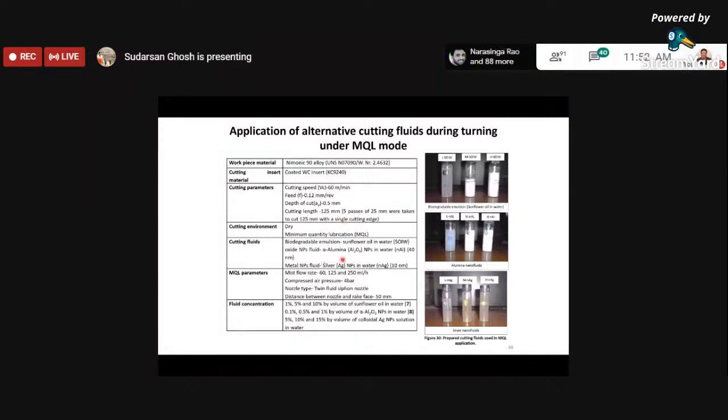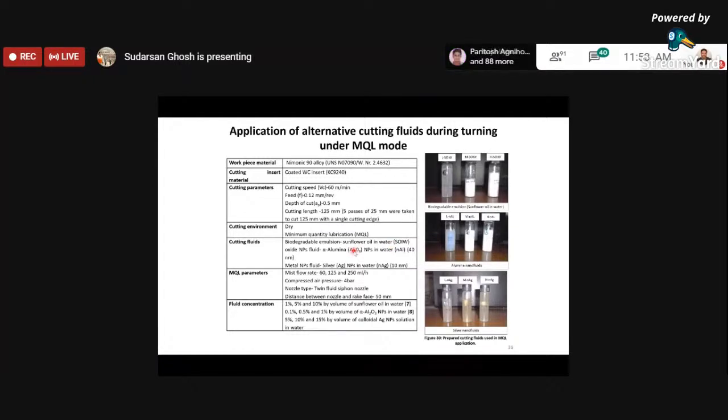We have used majorly alumina nanoparticles, and instead of conventional cutting fluids, we have used a biodegradable emulsion like sunflower oil. Sometimes we have also used castor oil.